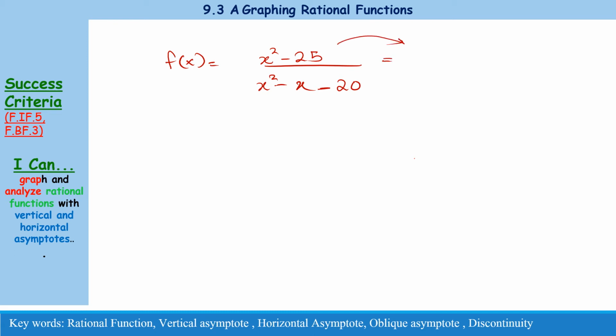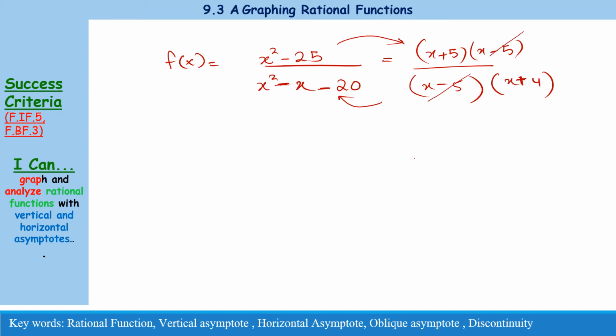The factors of x square minus 25 are x plus 5 and x minus 5, whereas for the denominator, 5 times 4 gives us 20, and we need the minus x, so minus 5 plus 4 will give us the negative x. Now x minus 5 and x minus 5 cancelled out.